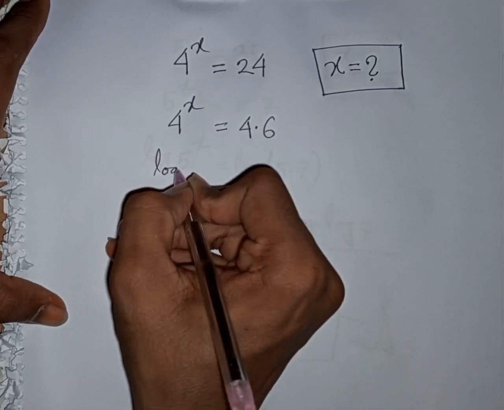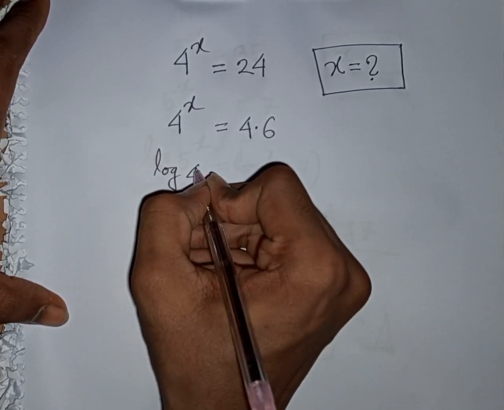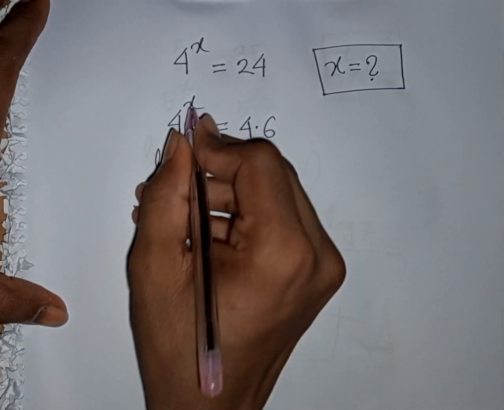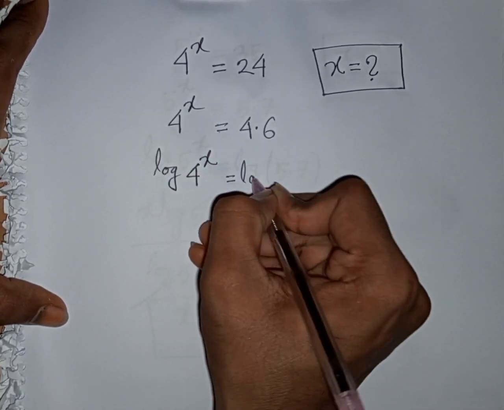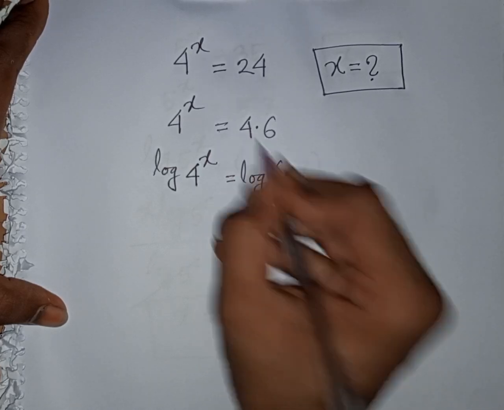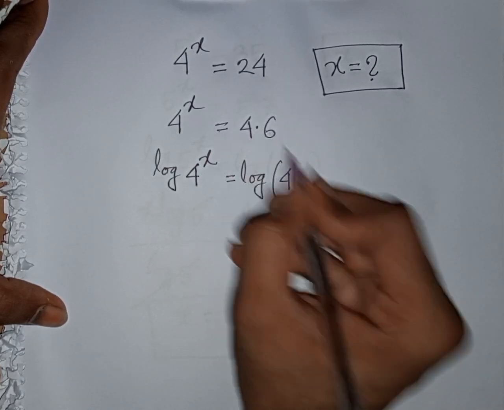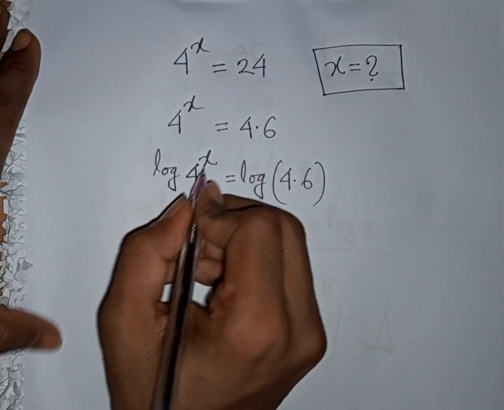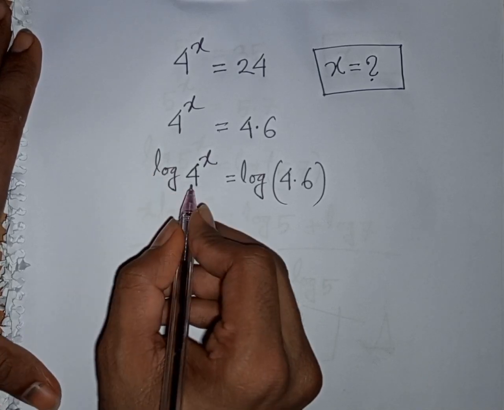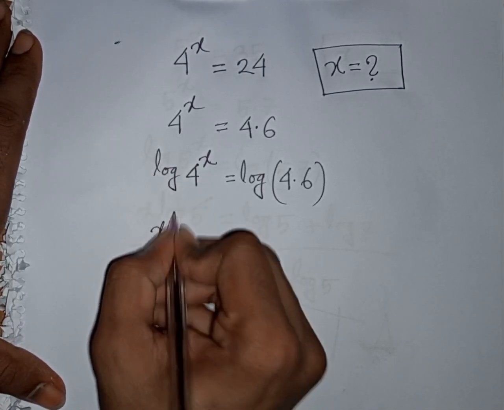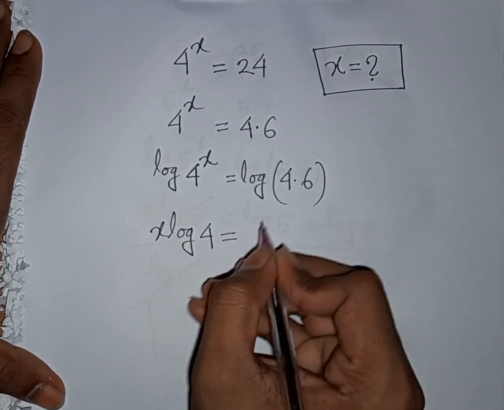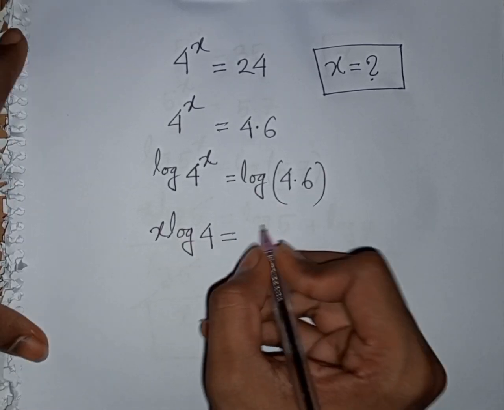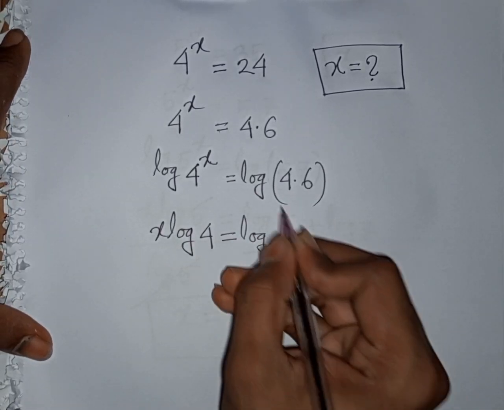So you can write log of 4 power x is equal to log of 4 times 6. Now this power x will move to the front, so you can write x log 4 is equal to log of 4 times 6, that means it will be log 4 plus log 6.